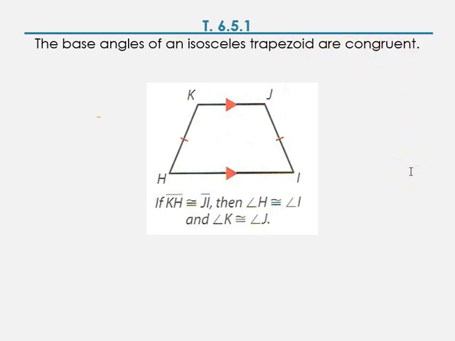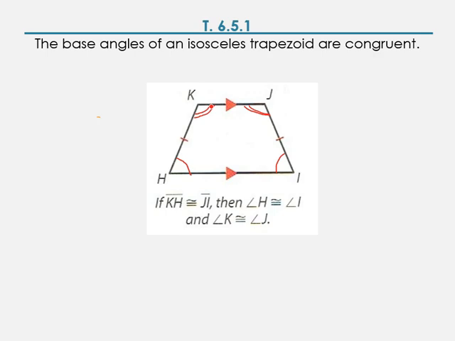When they talk about base angles, you have to remember that in a trapezoid, they're talking about these angles right here, but they are also talking about the angles on the other side of the trapezoid. So the trapezoid is a little different than our parallelograms. It only has one pair of parallel sides.